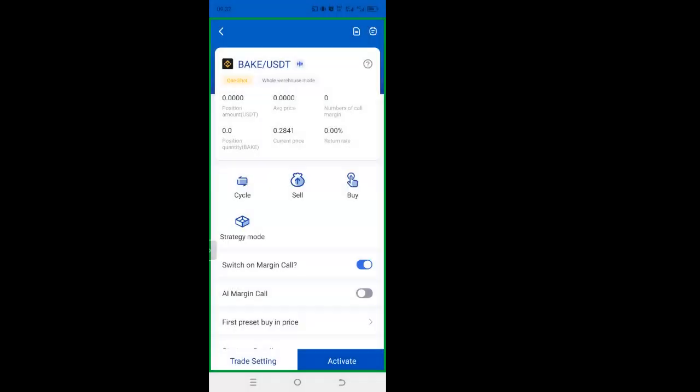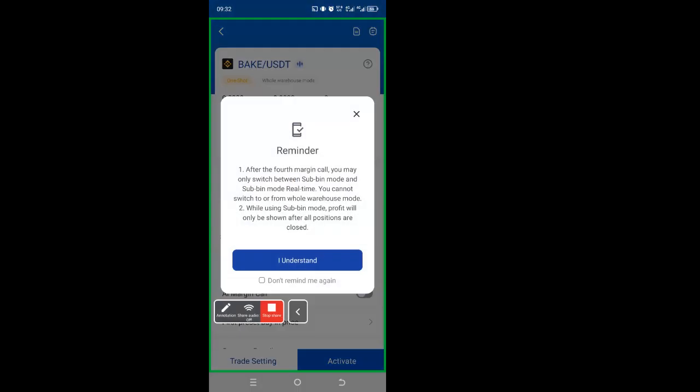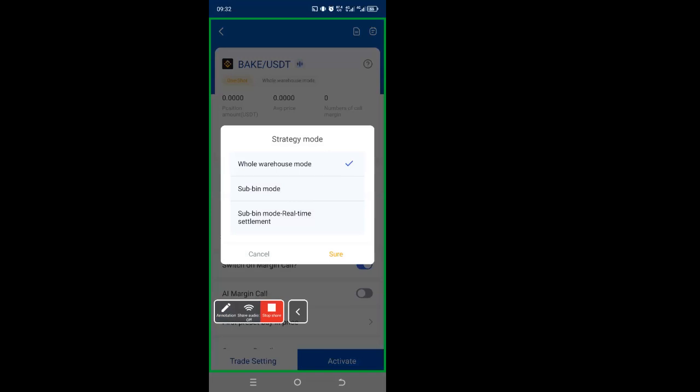once you understand this, let me summarize. When you use the whole warehouse, your trade is sold as a whole.